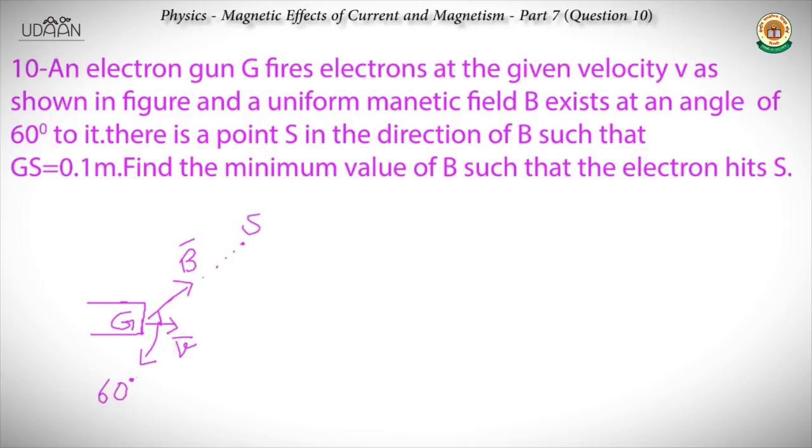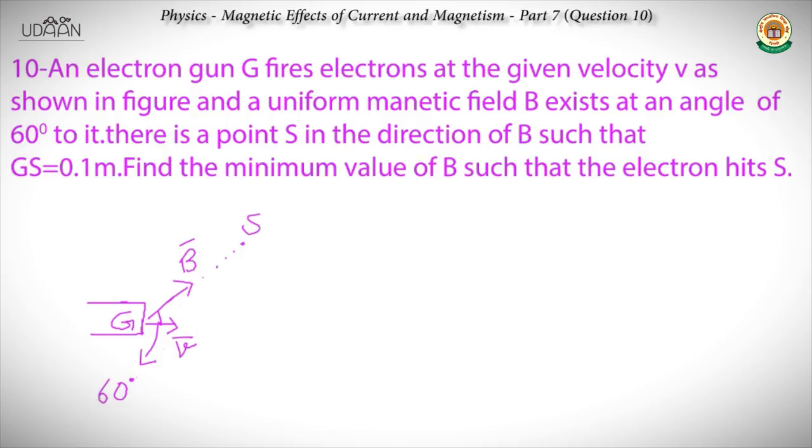An electron gun G fires electrons at the given velocity v, as shown in the figure below, and a uniform magnetic field B exists at an angle of 60 degrees to this. There is a point S in the direction such that GS is equal to 0.1 meter. Find the minimum value of B such that the electron hits S. So we have a new concept here, wherein we are given an electron gun which fires electrons with velocity v, in a uniform magnetic field B at an angle of 60 degrees to it.